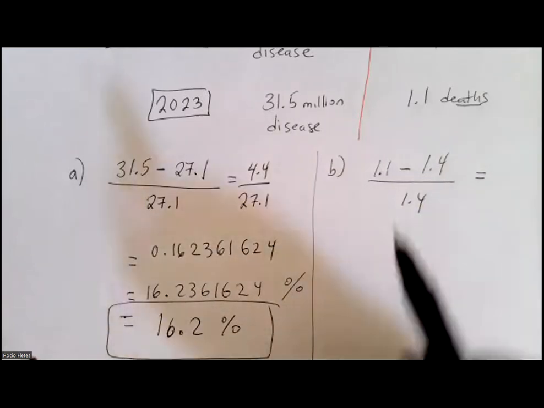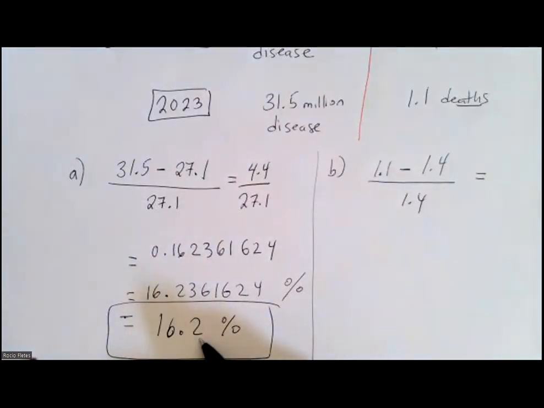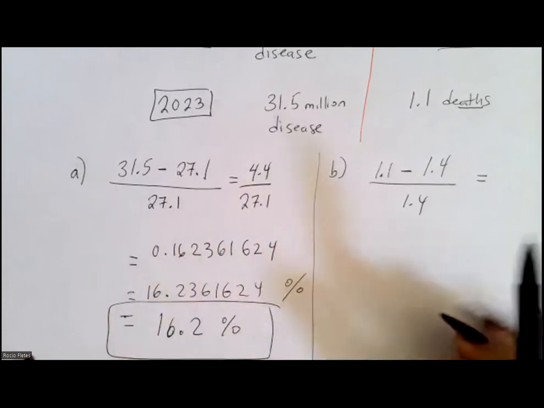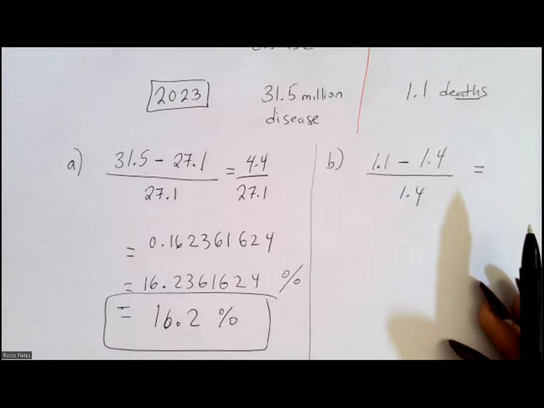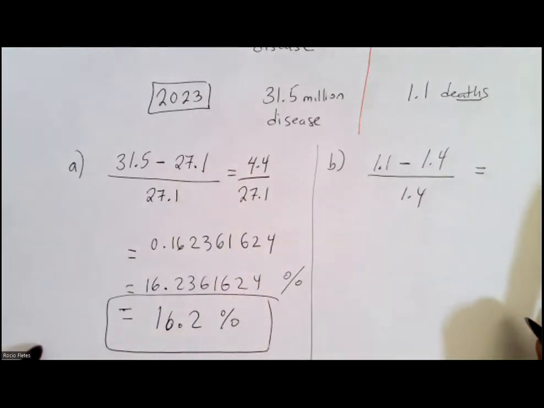So people living with the disease increased by 16.2%. That's one conclusion we can draw.